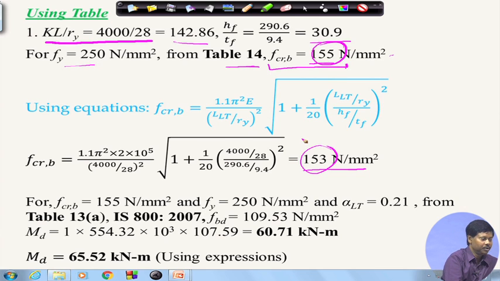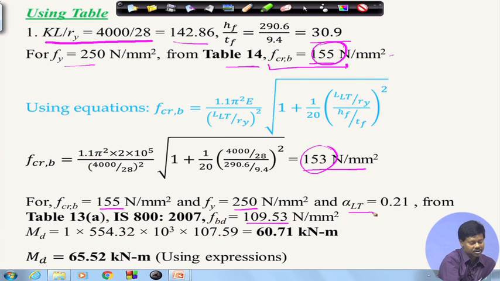So, very quickly I can find out the value of FCRB through table 14. Right. Now, again if we use table 13 corresponding to FCRB value and FY value, then I can find out the design bending compressive stress FBD. Now, which table will we use? Table 13 A or B depends on the section.